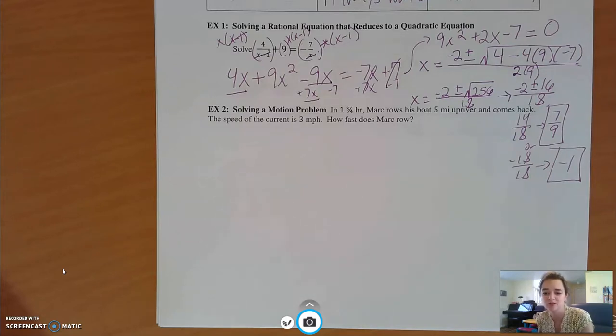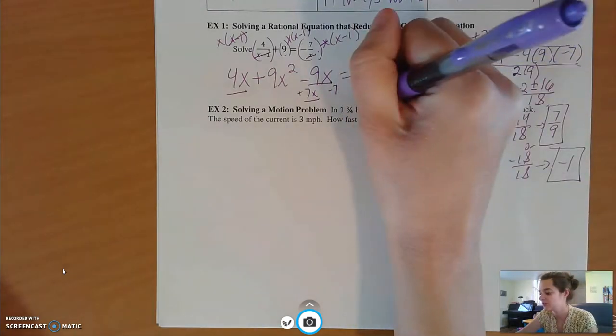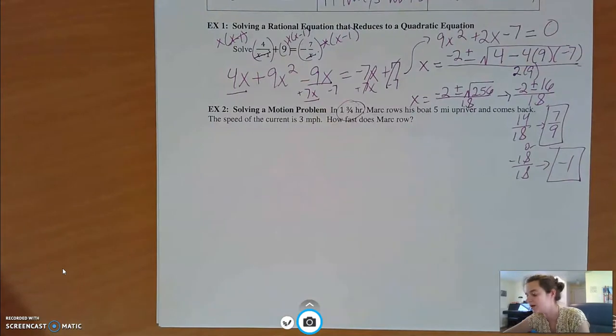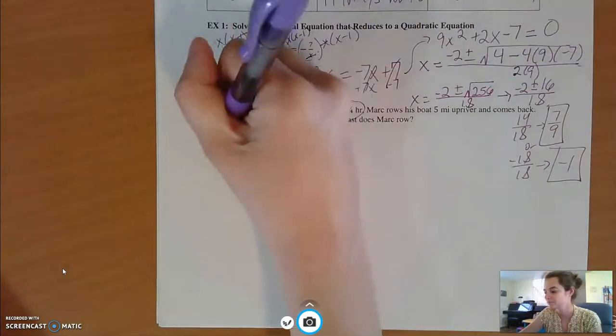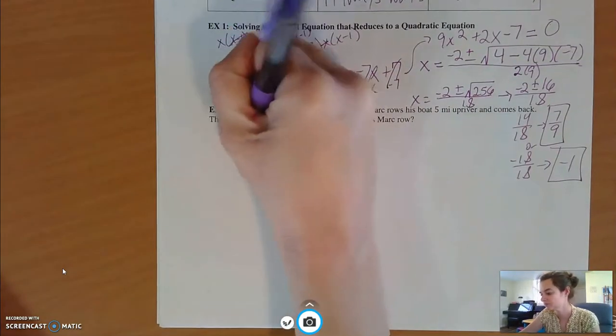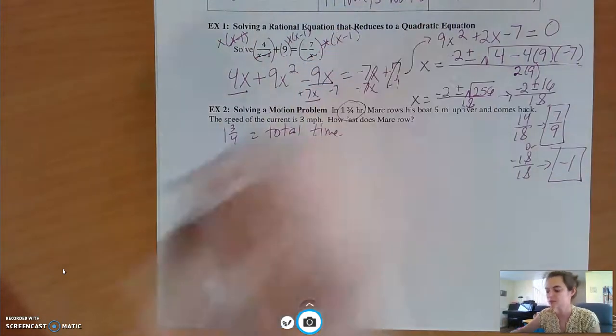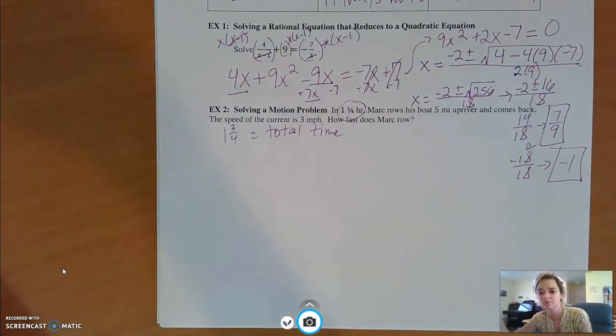All right, so let's look at our information that we have here. So first thing that they tell me is in 1 3/4 of an hour, he goes upriver and back. So what I know is that 1 3/4 is the total time. So it's the time to go upriver and the time to go back added together.